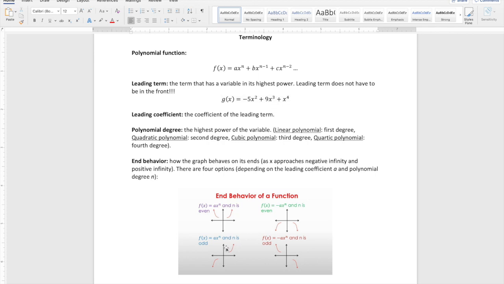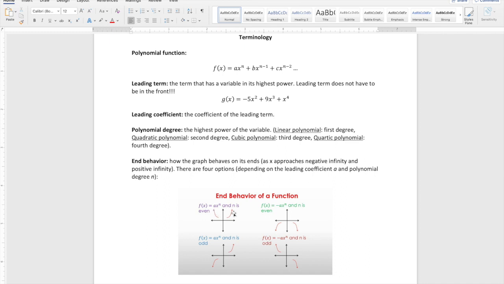So let's look at the 4 options and how they play out depending on a, the leading coefficient, and n, the degree. So for this first one, the end behavior will look like this. If a is positive, so if the number in front of the highest power of x is positive, and if n, which is your degree, is even. And a great example of such end behavior would be a parabola.